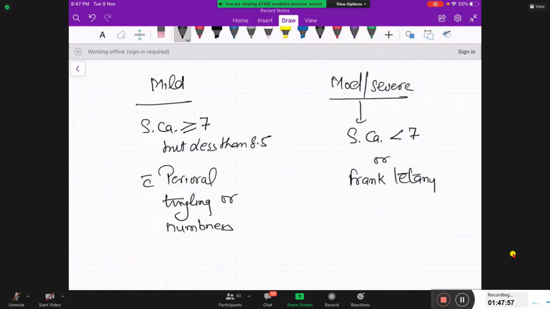Because of the hypocalcemia, you must be aware that there will be spasm of the muscles. It's called tetany, or there are ECG changes.